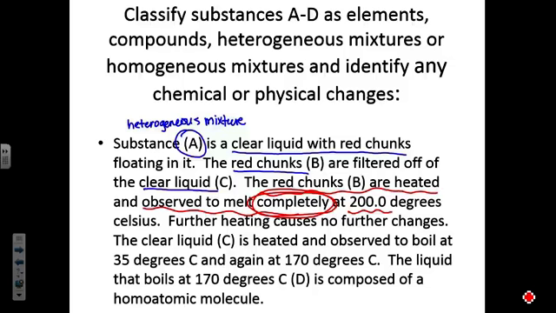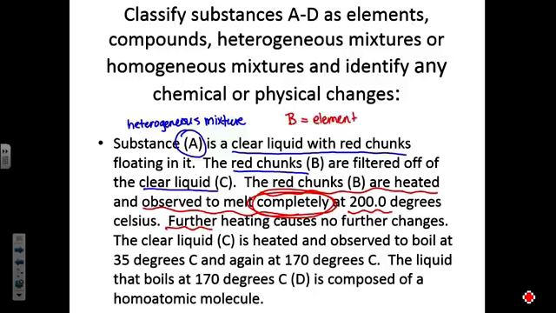The question is, do I have an element or a compound? And then I go to this next sentence, which says further heating causes no further changes. If this was a compound and I heated it, eventually I would have enough energy in there to break the chemical bonds of a compound. But I didn't see any further changes. So that tells me it's not a compound, that it's an element. So B is an element.